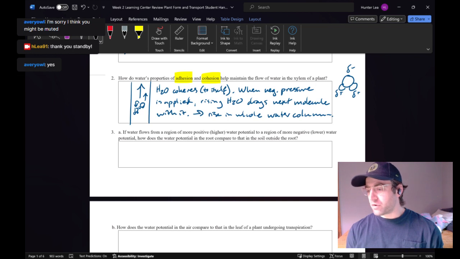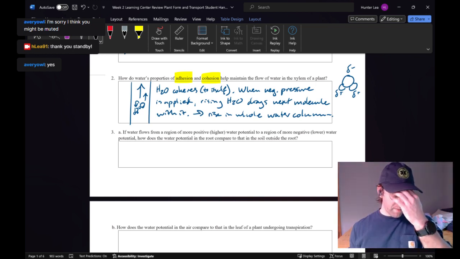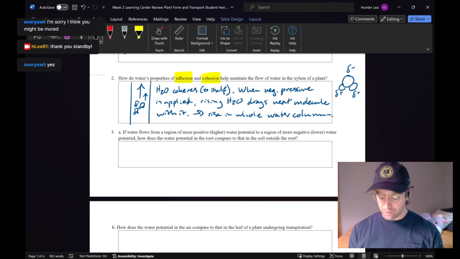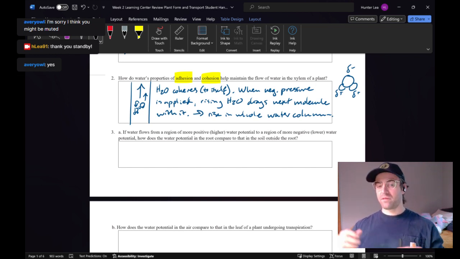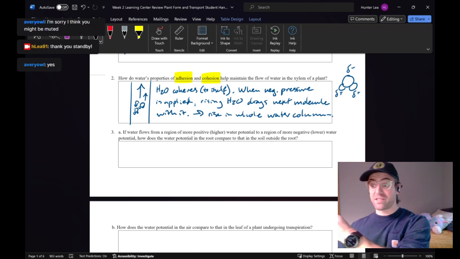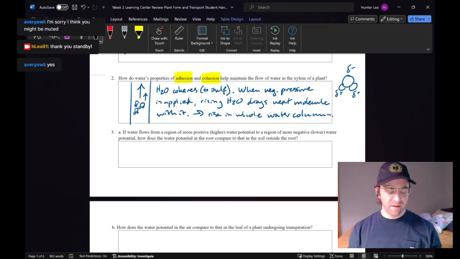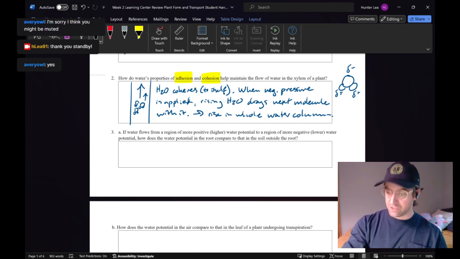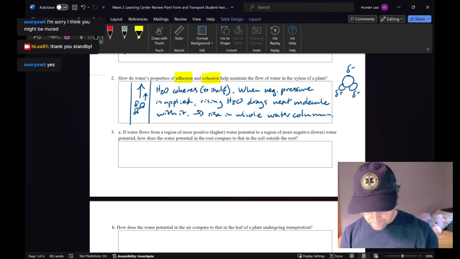And this is true for most gradients that we'll talk about when looking at semi-permeable membranes. Things are generally moving from areas of high concentration to low concentration. So if you have a high water potential, it will want to move into an area with lower water potential.